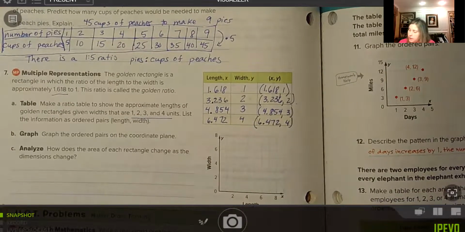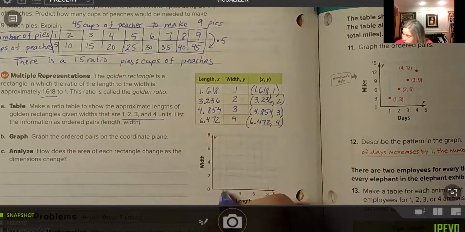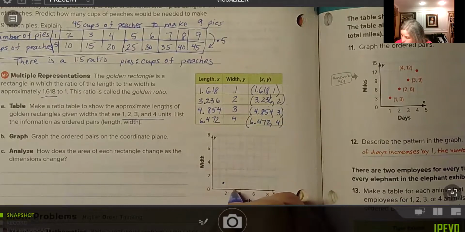So we'll need to estimate with these x values. So here's 1.618, just a little closer to 2 than it is to 1. And then 1, so we're approximately there. 3.236, so here's 2, there's 3, so 3.236 will be about 20% of the way from 3 to 4, so pretty close to 3.